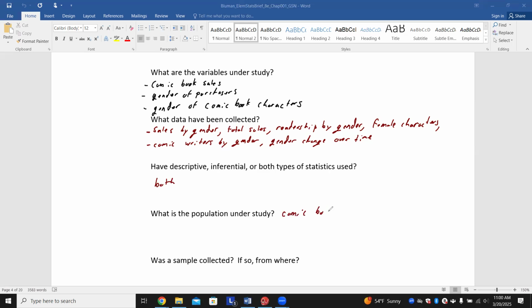And then out of those comic book readers, we are looking at their gender. So again, our population is all comic book readers, and our sample comes from this single comic book shop. There might be millions of comic book readers, but our sample will be coming from only a comic book shop owner.